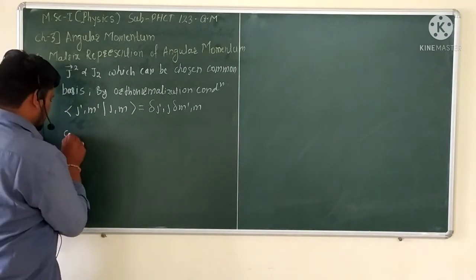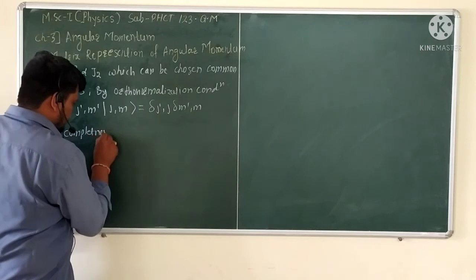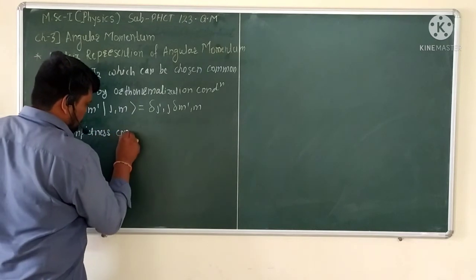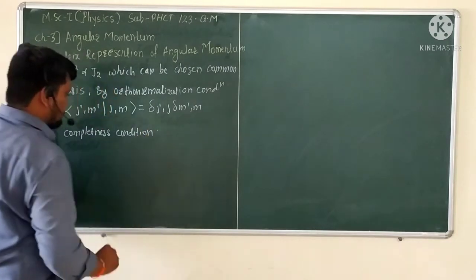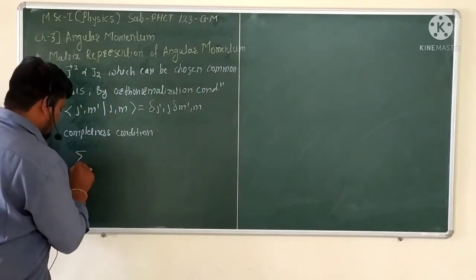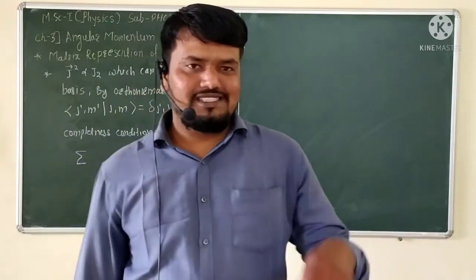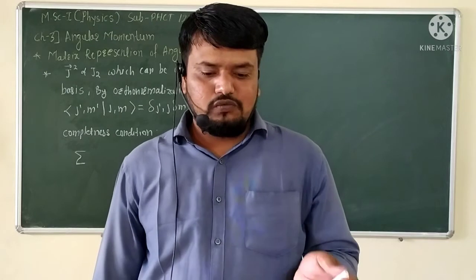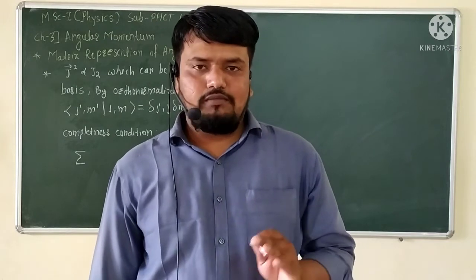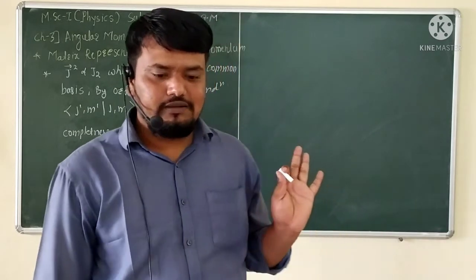And the completeness condition we want to see. This completeness condition is the summation over j, with m running from minus j to plus j, of the ket of jm bra of jm, which is nothing but the identity matrix.